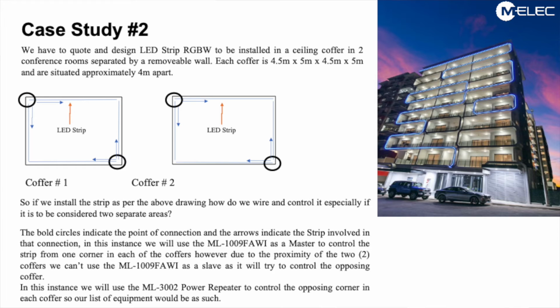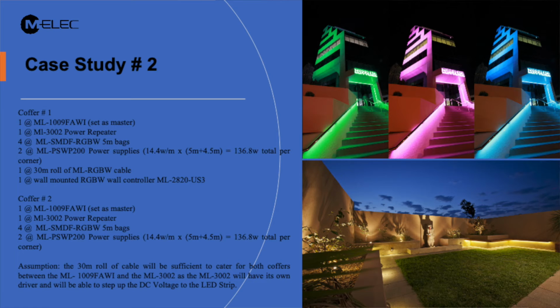So this is quite a large job, and we've got them all set as masters, except for the two coffers, which are set as master and slave. Okay, so which means then it'll just operate and become unified because they're both in the one room. All right, so have a look at that one and see what you think, because as we go over, here's all the gear that we've arranged for that actual case study number 2.